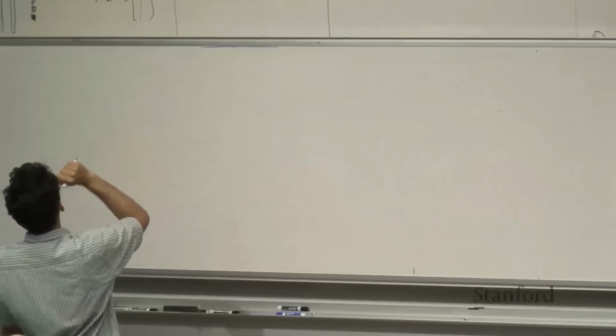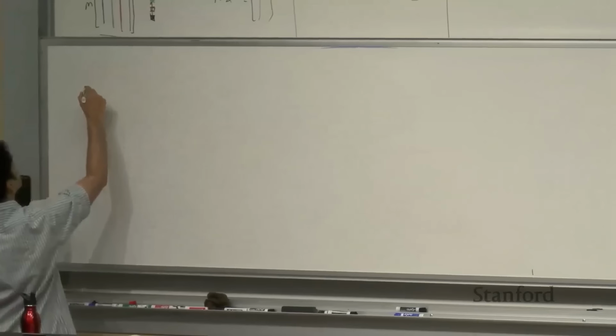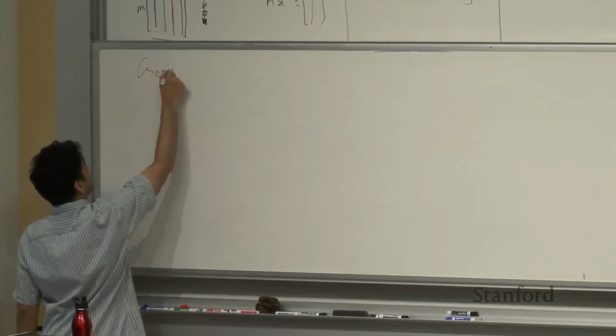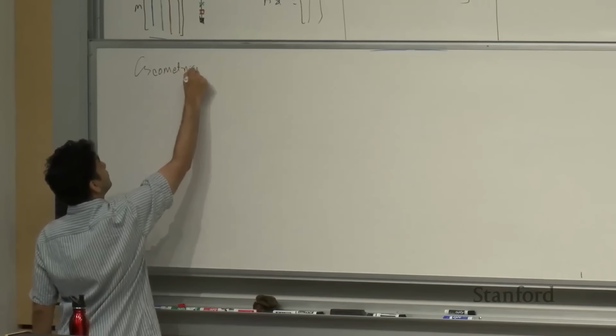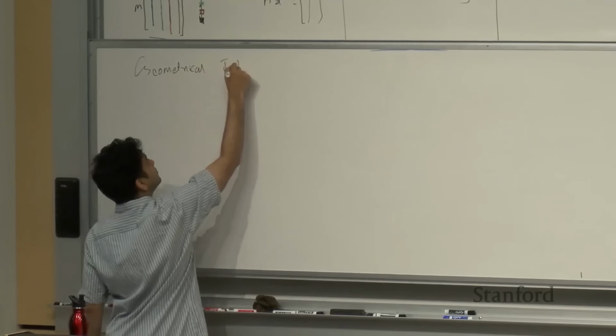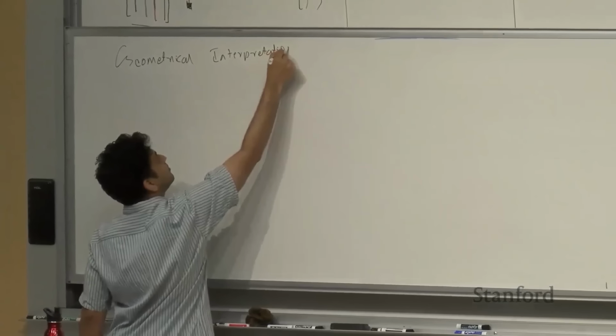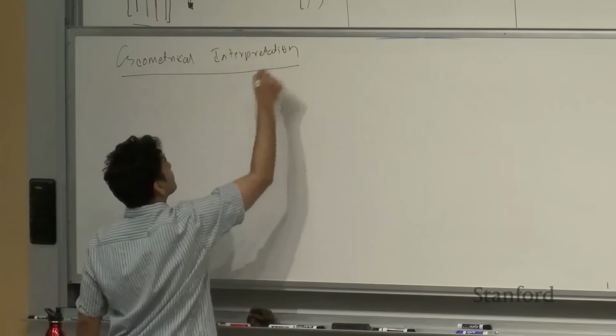So we saw matrix vector multiplication over here, right? So let's do a geometrical interpretation of it.